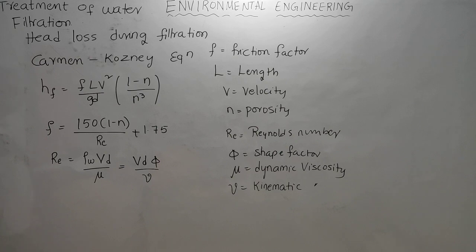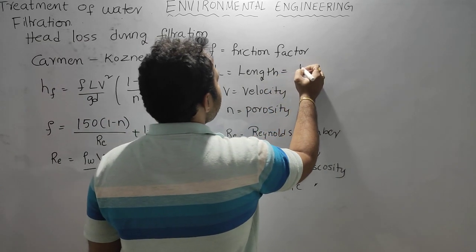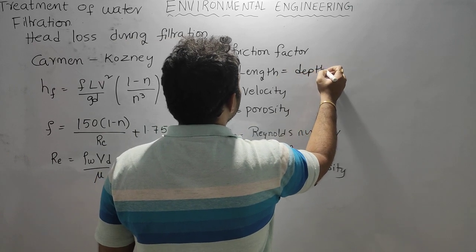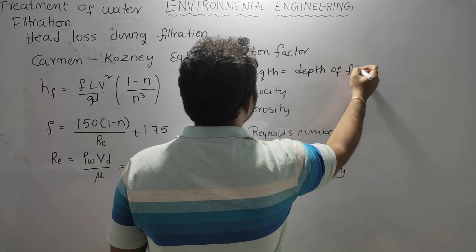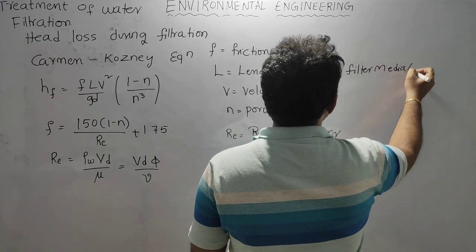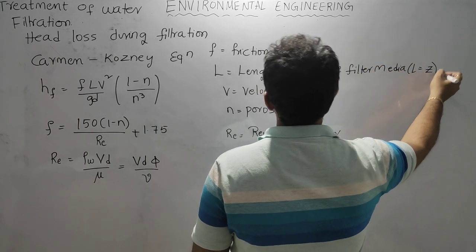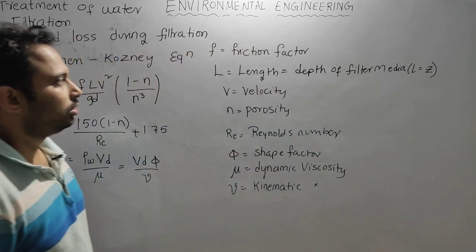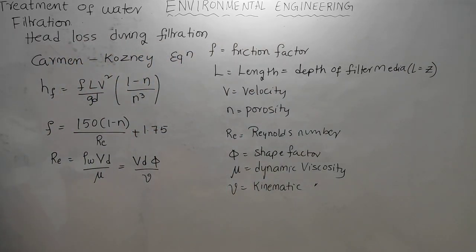Here length is nothing but the depth of filter media, that is L is equal to Z, the length of the filter media that the water is traveling. And V is the superficial velocity, that is nothing but the rate of filtration.